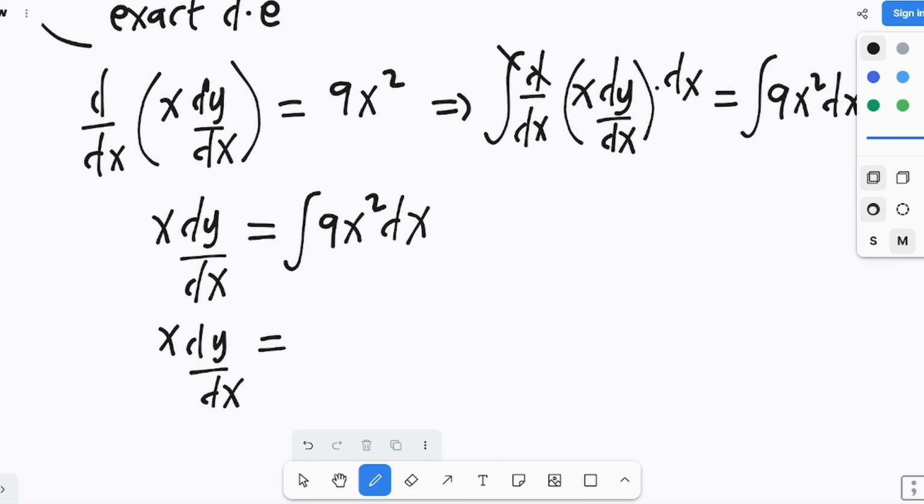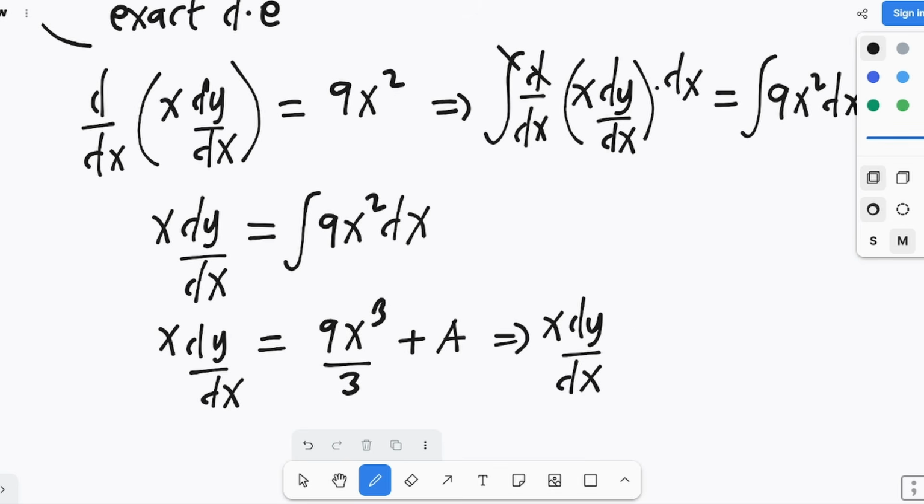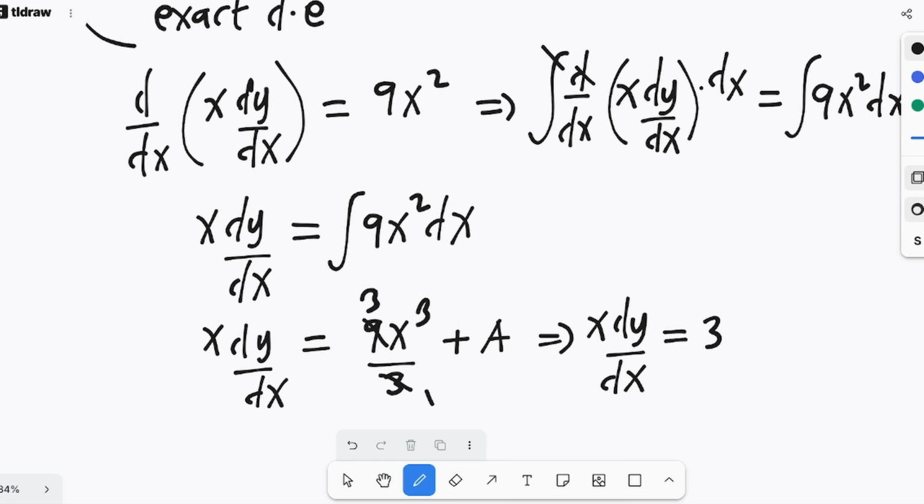On the right hand side, we integrate 9x squared dx, which gives 9x to power 3 over 3 plus a constant of integration, which can be any letter, in this case a. You are not fixed to only one letter. So we simplify: x dy by dx is equal to 3x power 3 plus a, where a is the constant of integration.